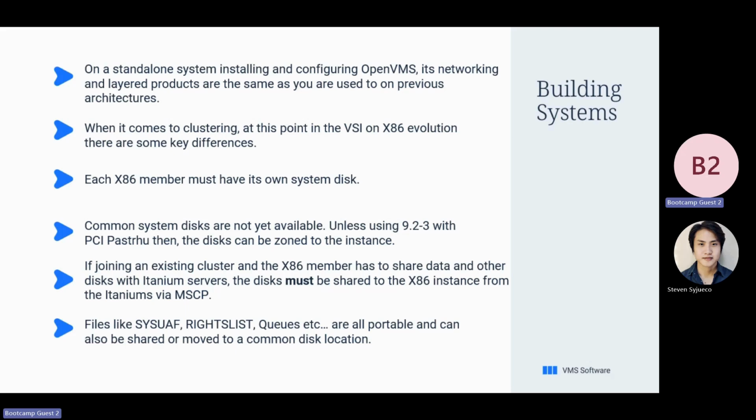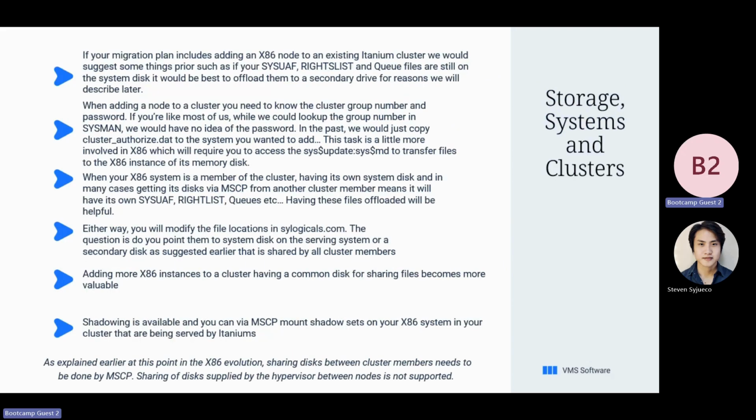Just a few things to think about on this quest. I already mentioned the UAF, rights list, things like that. You might consider moving those ahead of time. It's actually beneficial for upgrades in the future, especially if we need to move to cloud or whatever. Having those files separate from the system disk can be very beneficial.